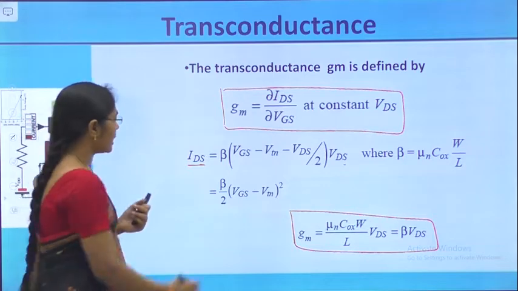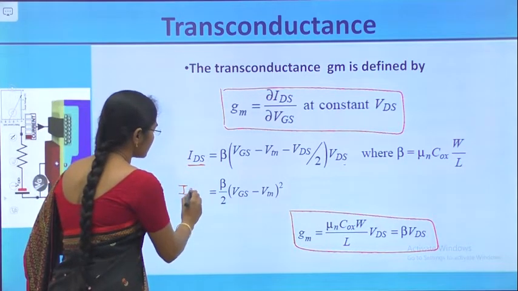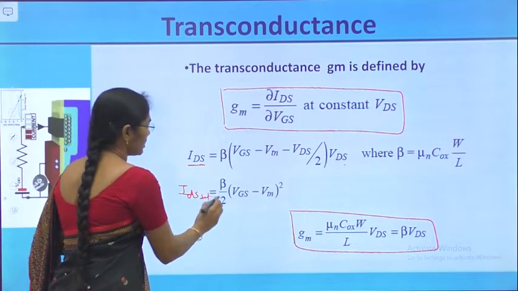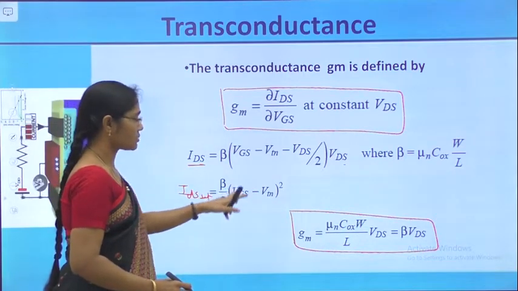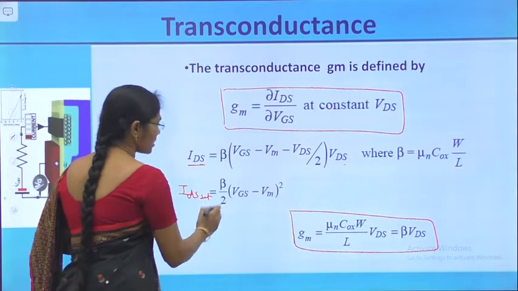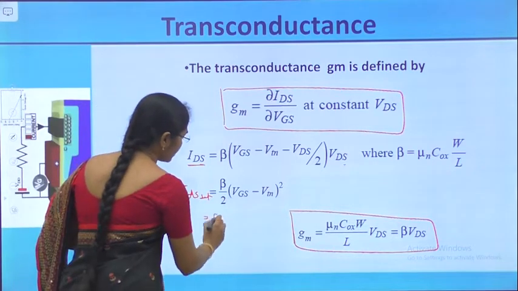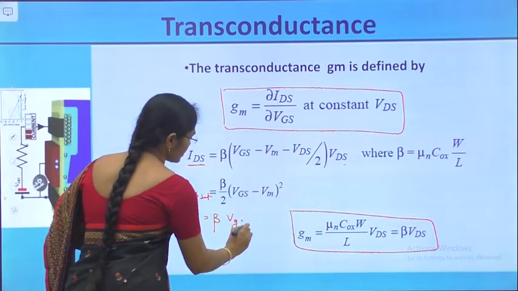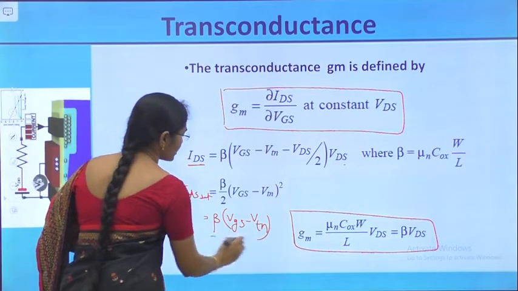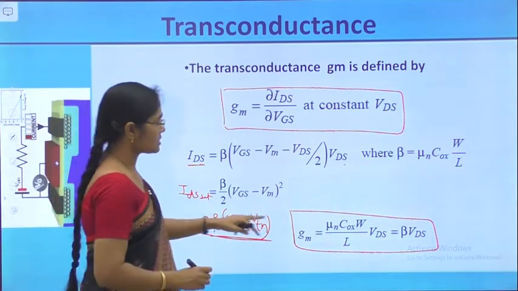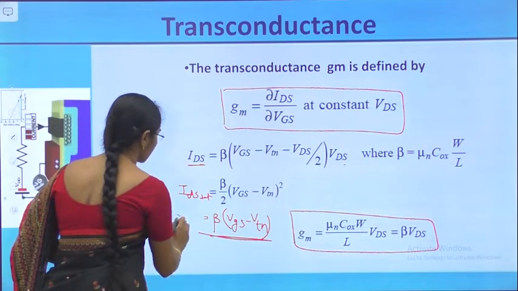Now, if I take the saturation equation of current and derive it with respect to VGS, it becomes simply beta into (VGS minus VTN). So, this is in the saturation region, and this is in the non-saturation region.